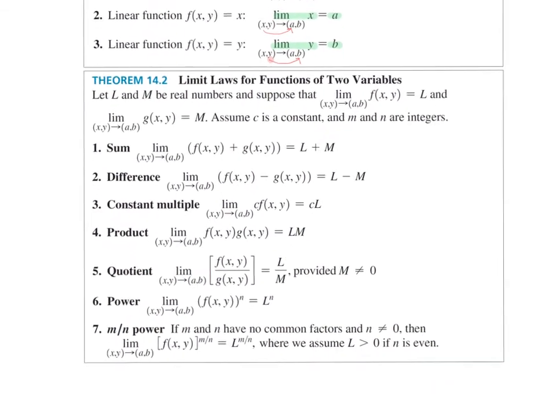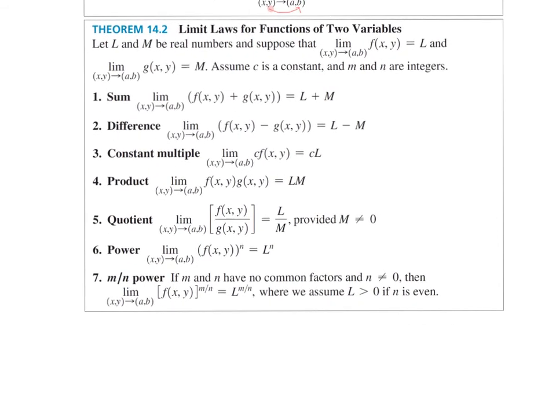And then we have limit laws, same as the limit laws from single variable calculus. If you have some function f with a limit L, some function g with a limit M, then if you take the limit of f plus g, you just have to add their limits. If you subtract them, you subtract the limits. If you take a constant multiple times your function, then you could take that constant multiple times the limit.